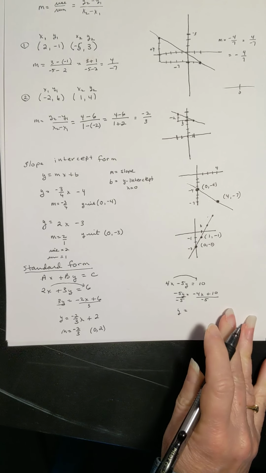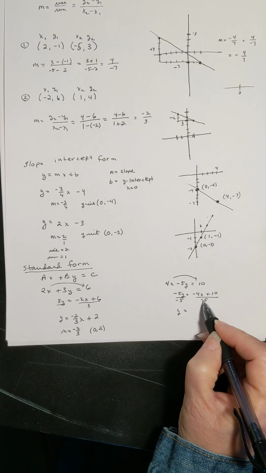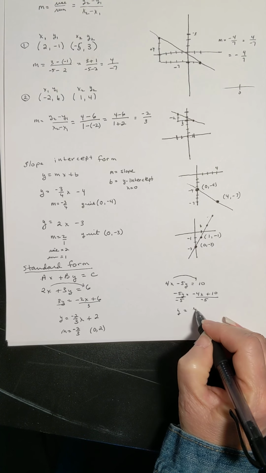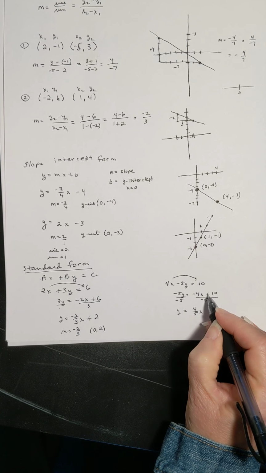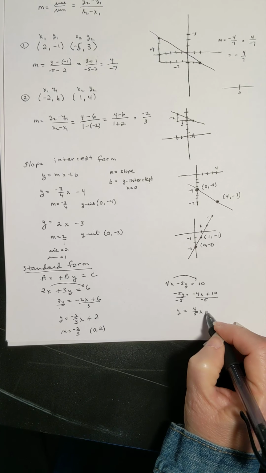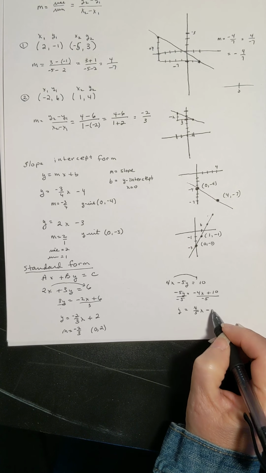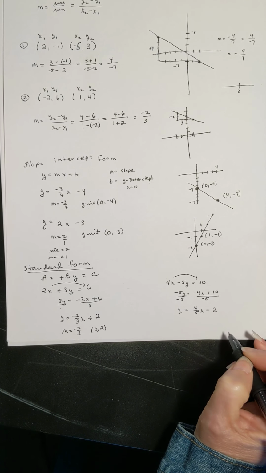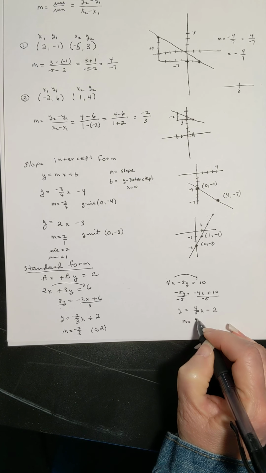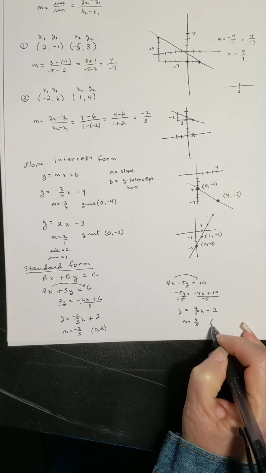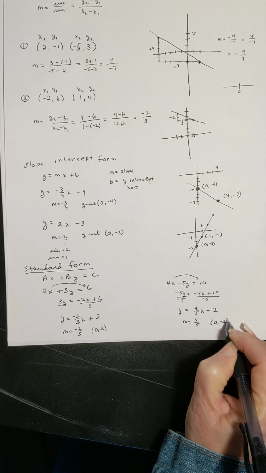So y would be equal to, so negative divided by negative would be positive. So this would be 4/5 x. And then positive divided by negative is negative. And then 10 divided by 5 is 2. And so here my slope would be 4/5. And my y-intercept would be 0, -2.